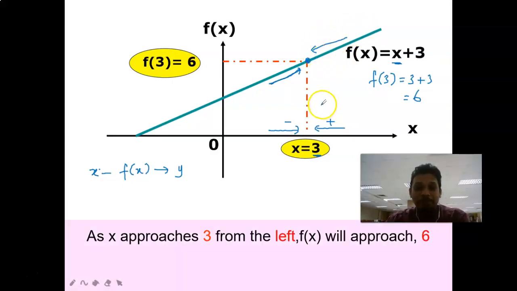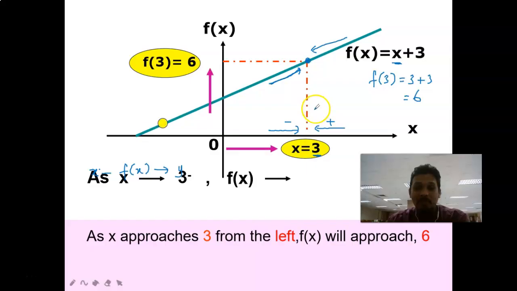So then, as x approaches 3 from the left, f(x) equals 6. Okay, it might not be exactly 6 because the value of x is just approaching 3 from the left, but not exactly equal to 3.